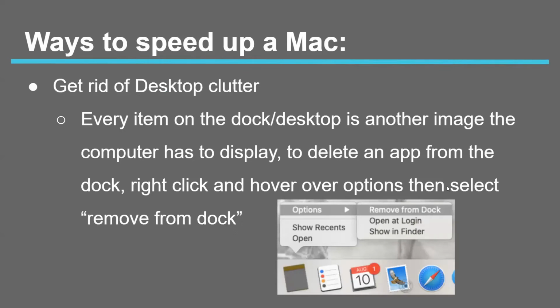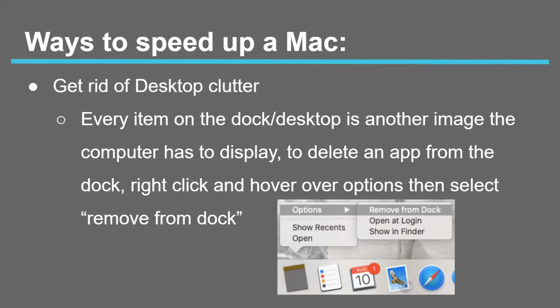Getting rid of desktop clutter is also one way to speed up your Mac. Every item that you have on the dock or the desktop of your MacBook or your Mac computer is basically another image that the computer has to display. So the more you get rid of, the fewer images the computer has to display, and that can help speed it up a bit.